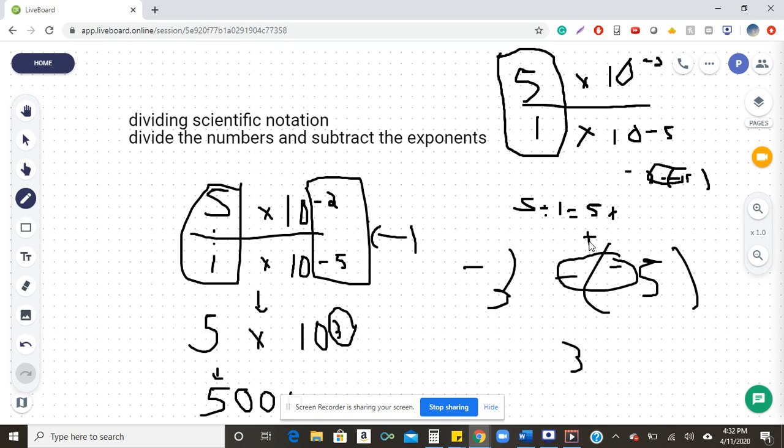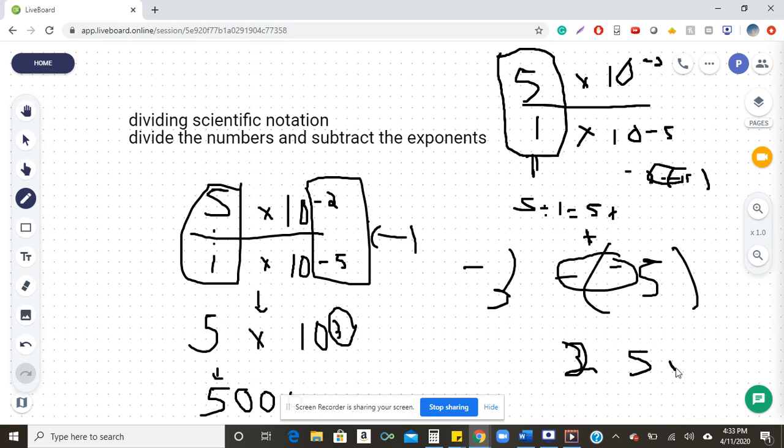Minus becomes plus, as you can see here. And negative 3 plus 5 gives us 2. So then we just write our 5 down that we got from dividing here. And the exponents that we subtracted from each other, top from bottom, we are going to bring that down and rewrite it.